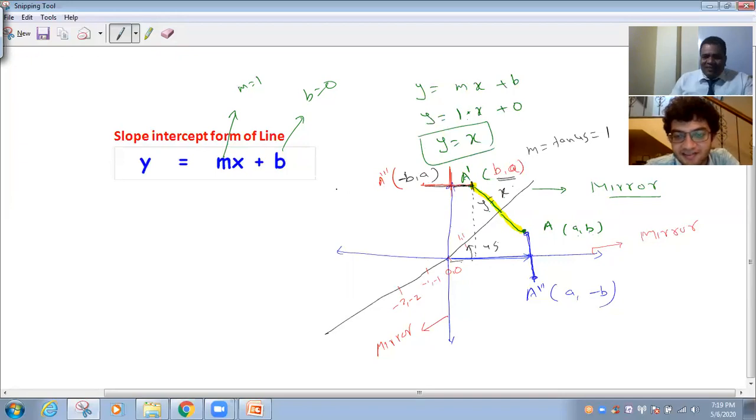Right, correct. So I think this concept of mirror image is clear to you. Maybe first time you see so little confusion, but now it's very clear. Yes. This is the advanced concept. Probably rarely they test in GRE.